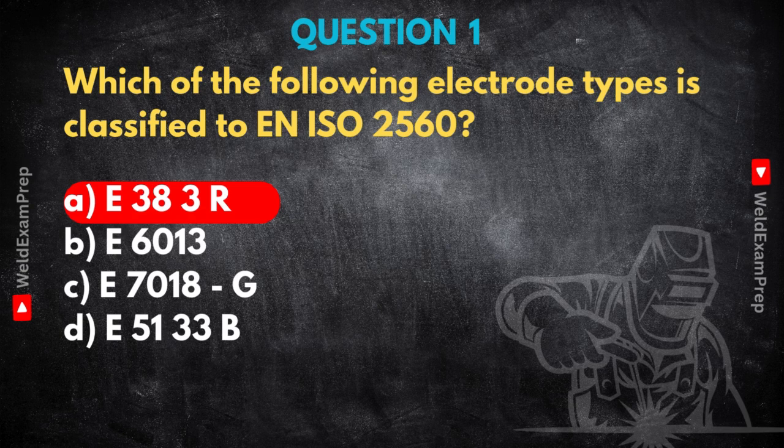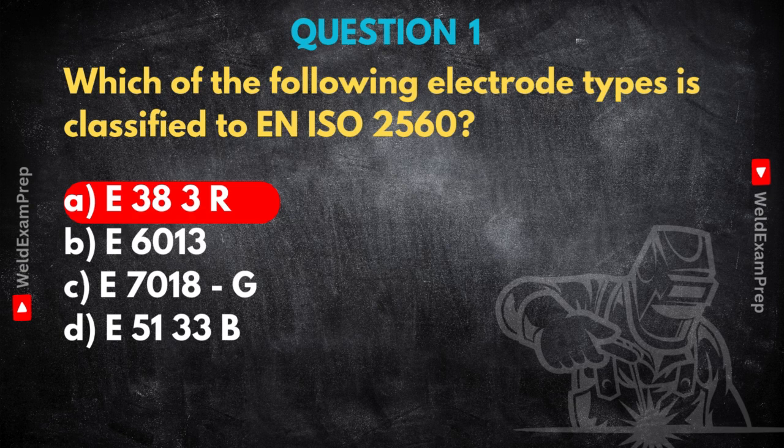That's the one. And understanding why is key here. EN ISO 2560, that's the European standard we're talking about, specifically for covered electrodes for manual metal arc welding, MMA, and it's for non-alloy and fine-grain steels. These codes, they're not random. They pack in a lot of information. Like E38 3R, the E is simple enough. Electrode. The 38 tells you about the weld metal strength, minimum yield, tensile strength, basically how strong it is.